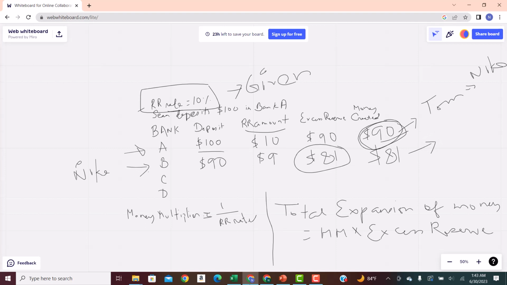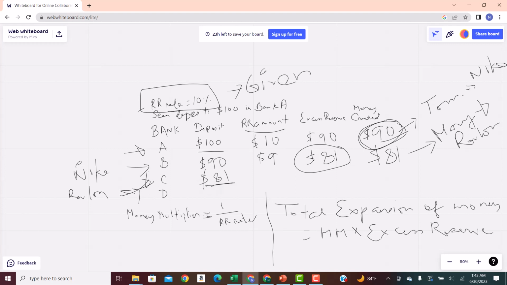Now let's say Bank B gives $81 in loans to Mary. With this $81, Mary decides she will buy some cosmetics from the Revlon company. So she buys the cosmetics for this, and Revlon receives the payment. Then Revlon deposits this $81 into Bank C, and Bank C again has a required reserve rate of 10%.